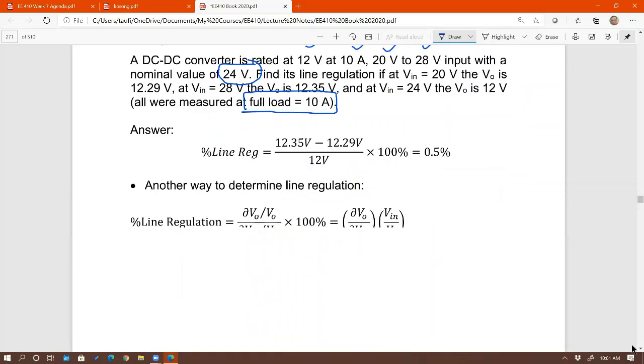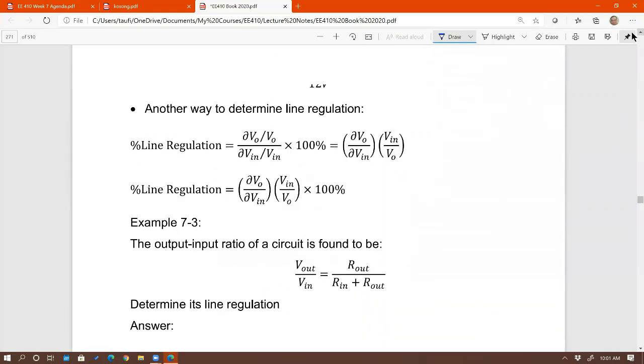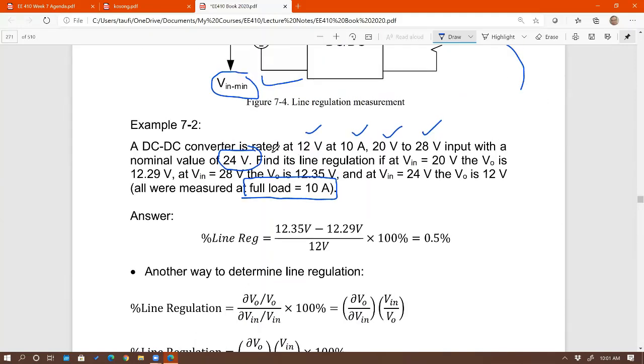Let's say these are the numbers you got from the lab after you measured the voltages, then it's just a matter of a plug-in check now. This is V in max, V in low, V in nominal. Then you can see that for this example, percent line regulation is 0.5%.